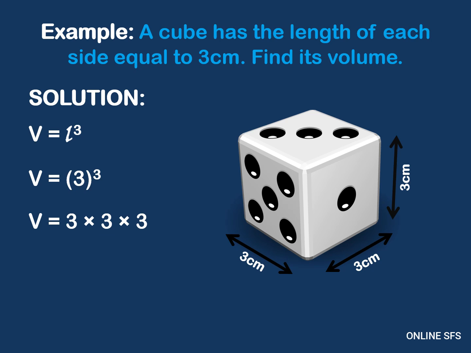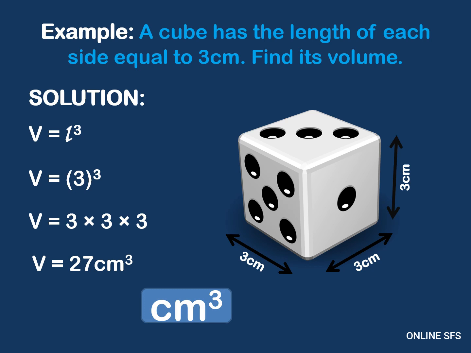And hence, we are going to get the volume of this cube, that is 27 cubic centimeters. You must remember here that while writing the unit for volume of a cube, you are going to use centimeter cube or cubic centimeter, or if it's a bigger measurement, meter cube, etc., as we are multiplying three dimensions together.